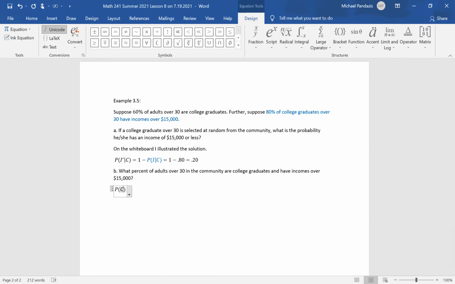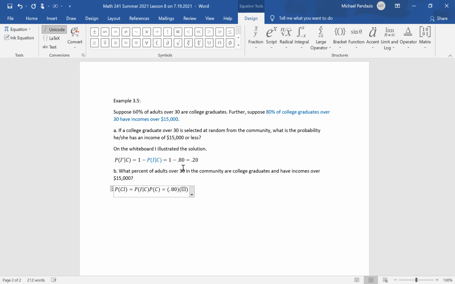So college graduates is C, and incomes over 15,000, I said, was I. This is the probability of C and I, and that's equal to the probability of I given C times the probability of C. But the probability of I given C we already saw was 0.80.